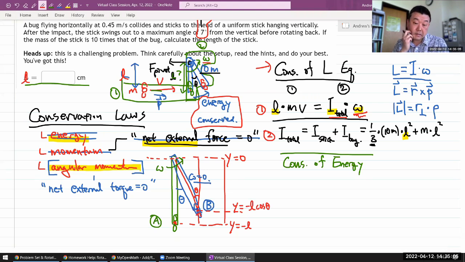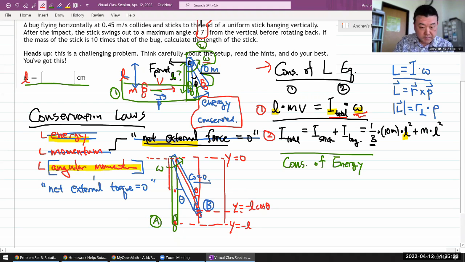And what you have to worry about, I don't think you can ignore it, is the changing potential energy of the stick. With the stick, I will just state this without proof and use it, which is that as far as the gravitational potential energy of the stick is concerned, you can use the center of mass of the stick, like that's where all the mass of the stick is concentrated.